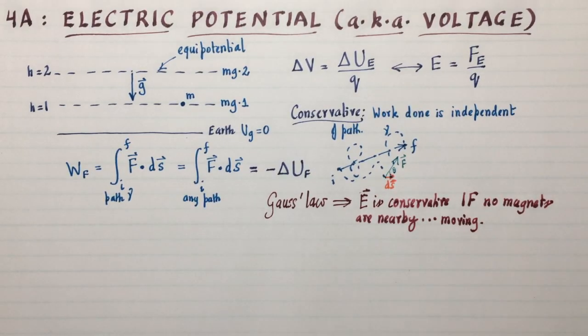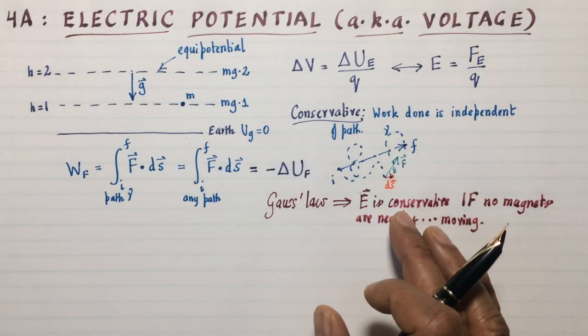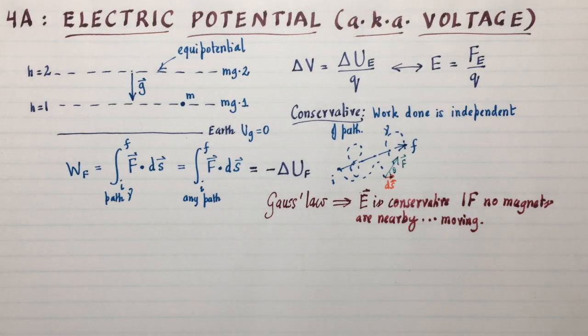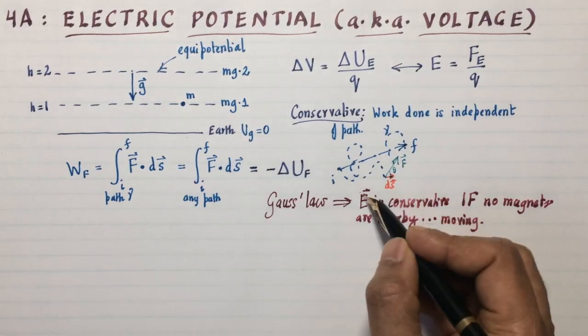Now, one of the things that you'll learn later on in this course is that even if a charge moves, you've got a magnet. A moving charge is a magnet. So that's one of the crazy things you're going to learn soon in UP2. So this means that electric fields are conservative only if there's no moving charges nearby compared to where the electric field is. Okay, so that's a very strange result.